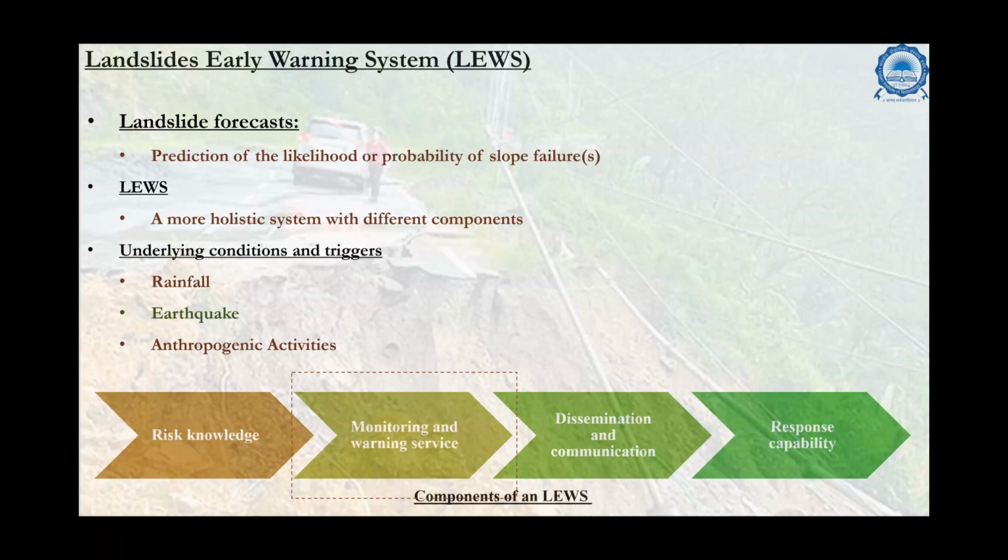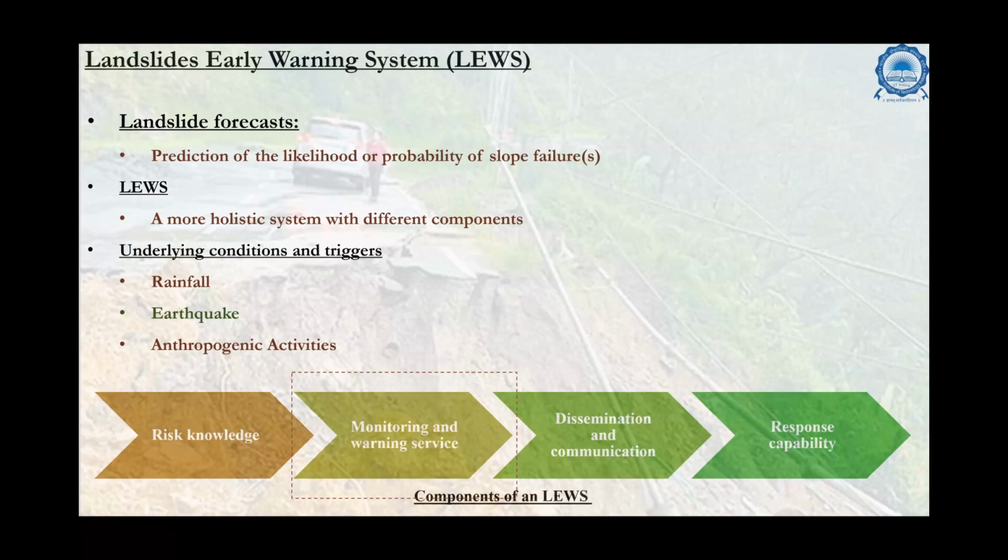There are basically 4 different components when you want to develop an early warning system. Unlike earthquake disasters, for landslides we can develop a reliable warning system because we do get some time, and precursors can be identified. That is what is called landslide forecasting. We can't forecast earthquakes, right? But landslides are possible because mostly it is because of pore pressure variations or the generation of pore pressures, which is very difficult to measure in the real field, but we could take some other parameters to understand the pore pressure changes so that we can build a warning system.